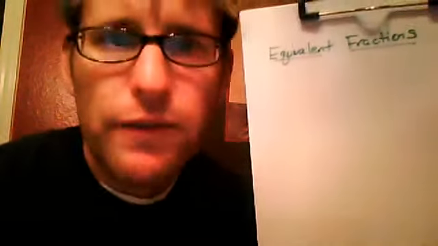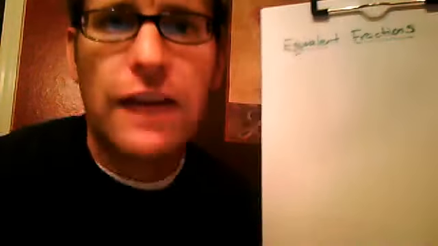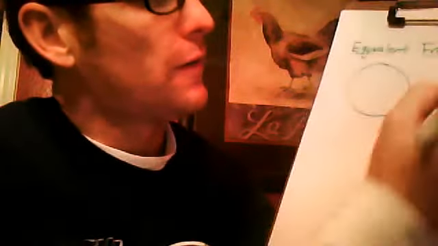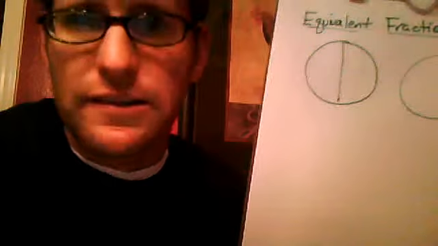The next thing we did today is we looked at equivalent fractions. Equivalent fractions, remember, are fractions that are the same size but have different names. So, let's say, for example, I have my piece of pizza, and on this piece of pizza, I'm going to divide it into 2 pieces.